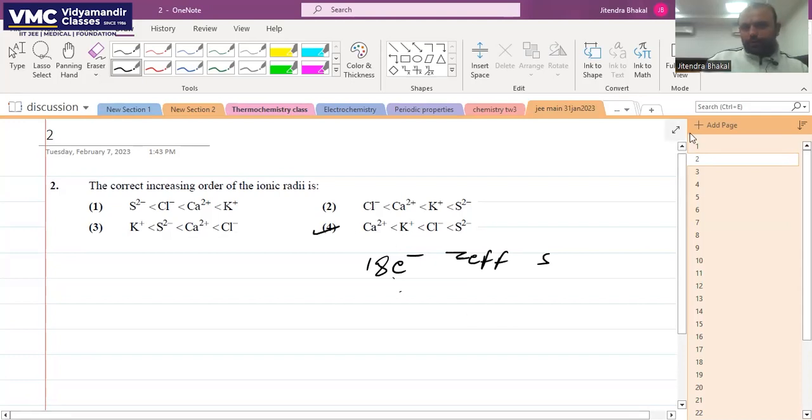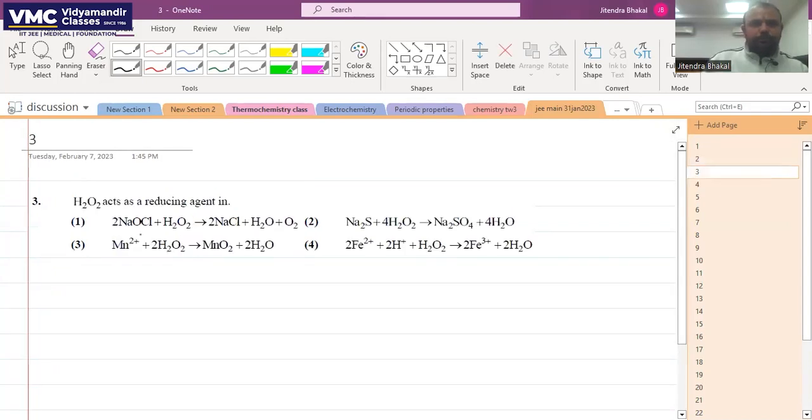Okay, then next, question number 3. Question number 3 says H2O2 acts as a reducing agent in. Now we'll start with option 1. NaOCl and H2O2 react. Here the oxidation number of chlorine is +1, and in this the oxidation number of chlorine is -1.